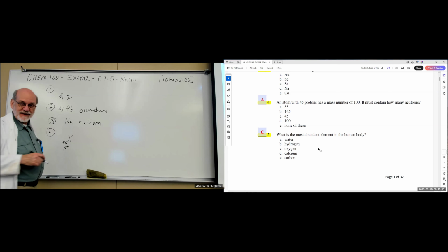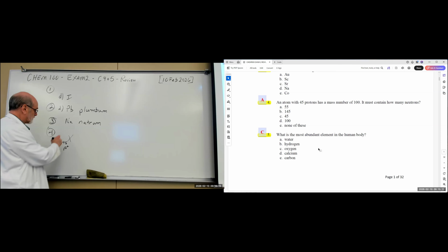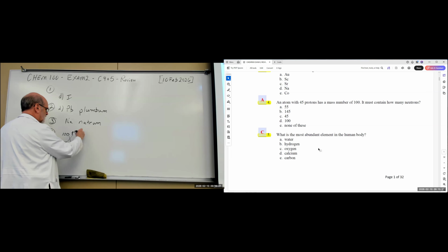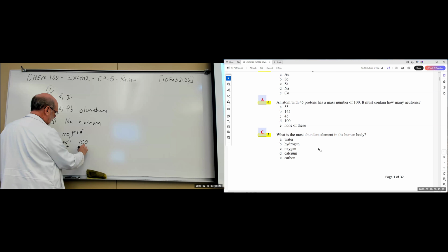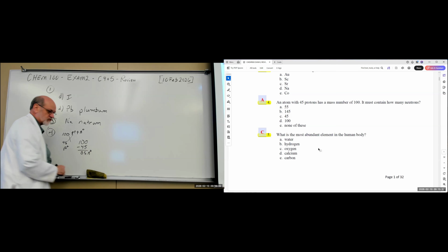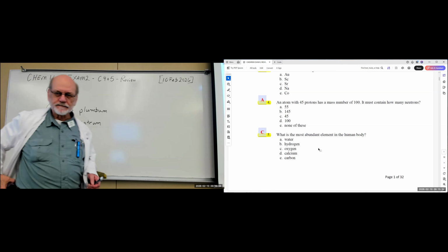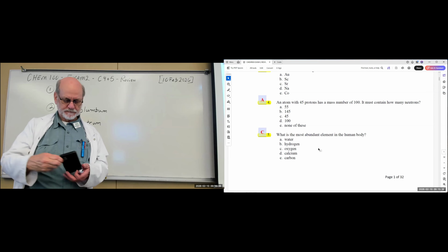Where's the mass number? The mass number is 100. That is protons plus neutrons. So 100 minus 45 is 55 neutrons.